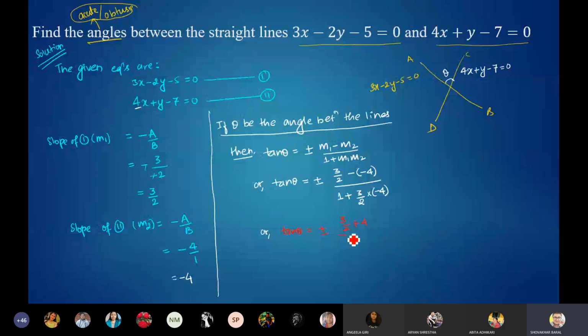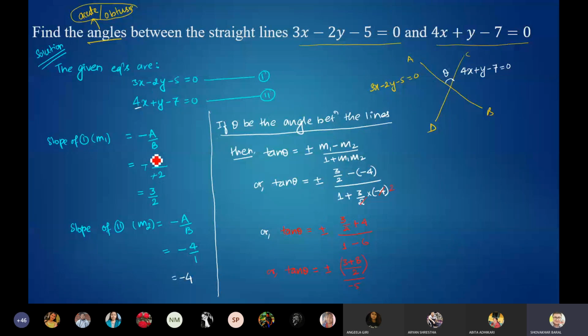Let me solve it in detail. 2 and this 4 will be cancelled. It will be 2 to the 4. So 3 times minus 2 is minus 6. Or tan theta is equals to plus minus 3 plus 8, 2 4s are 8, divided by 2 upon minus 5.